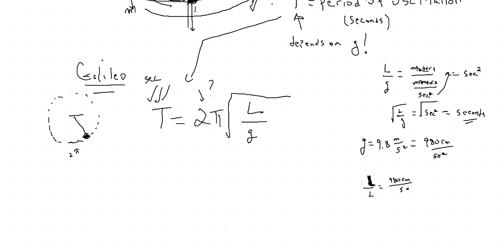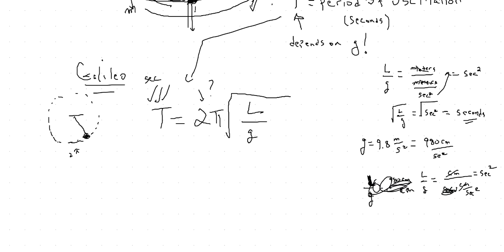Let's redo this. So we have L divided by G, which is centimeters divided by 980 centimeters per second squared. But again, if I'm just looking at the units, you see the centimeters go out. So it doesn't matter what units you use for G or for L, as long as they have the same units, okay? And this, again, is just seconds squared.